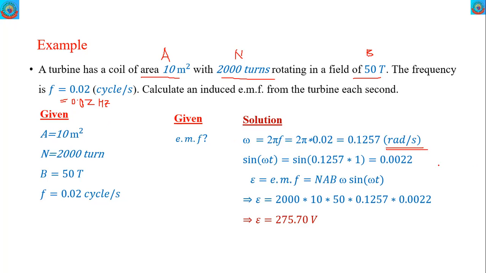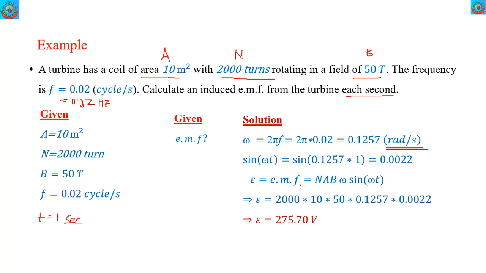Omega, the rotational speed, is in rad per second. So sin omega t means 0.1257 times 1, for each second, because t is equal to 1 second. So t is 1 for each second.